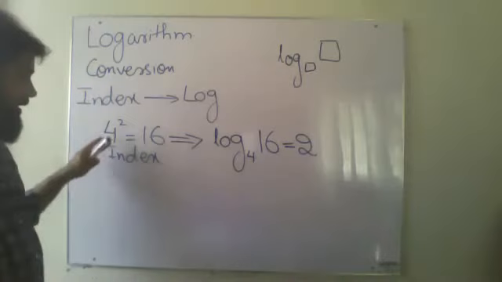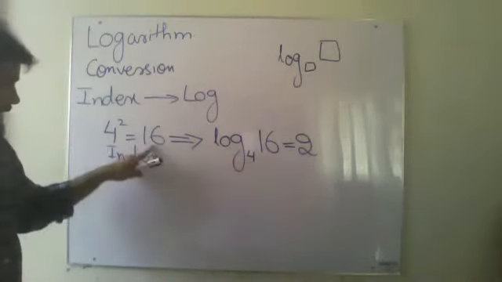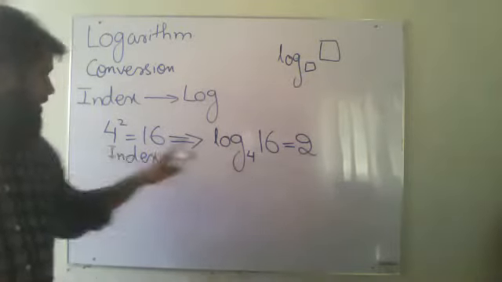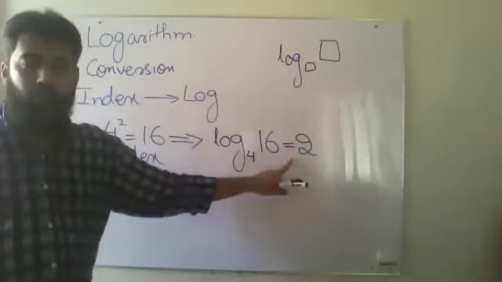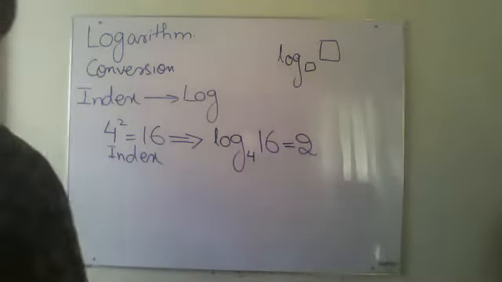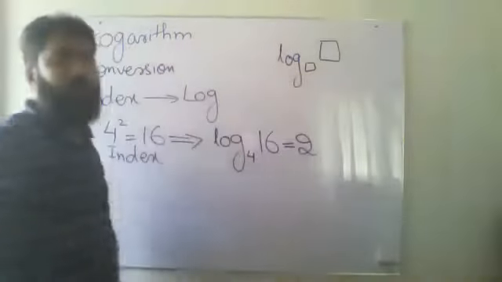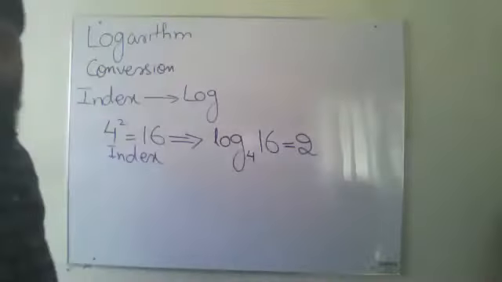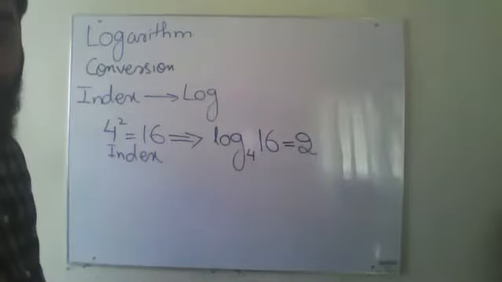The answer over here will become the multiple of log, and the power will become the answer of this whole equation. In this scenario only, you can use this button to get your answer. If log is not there, if base is not there, then you will not use this button.